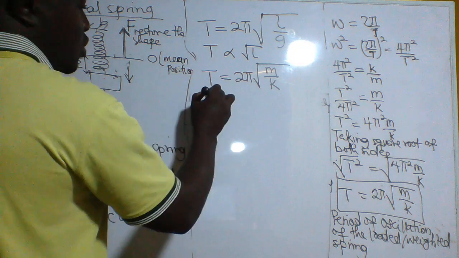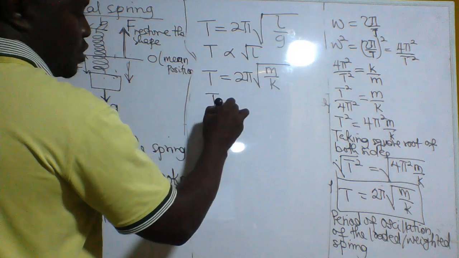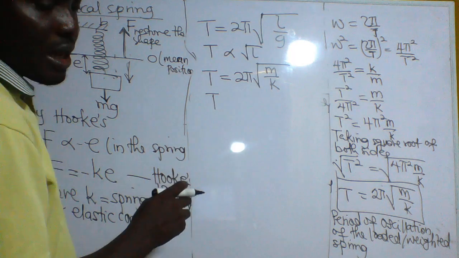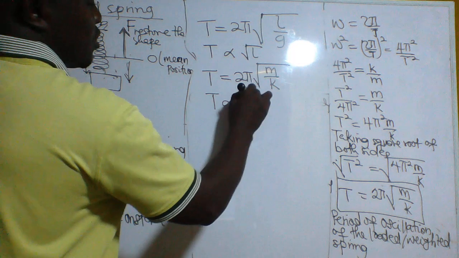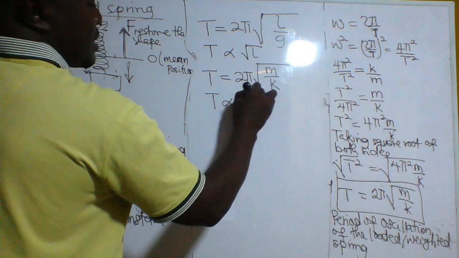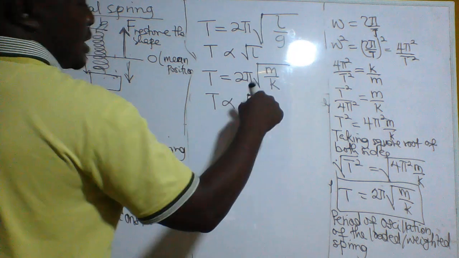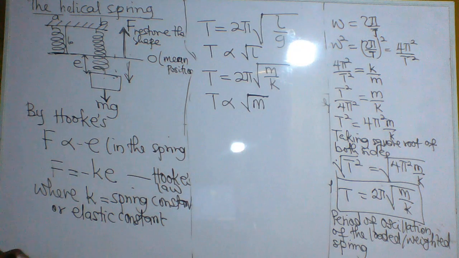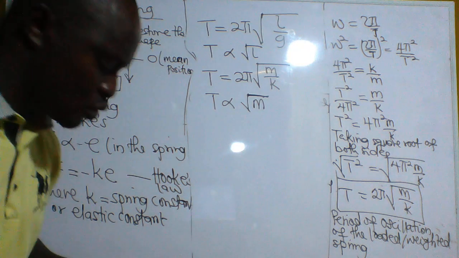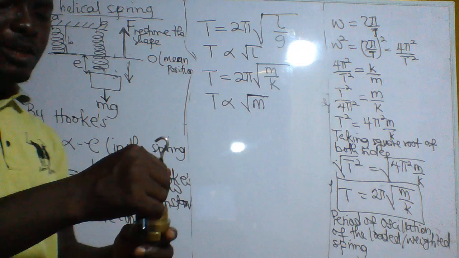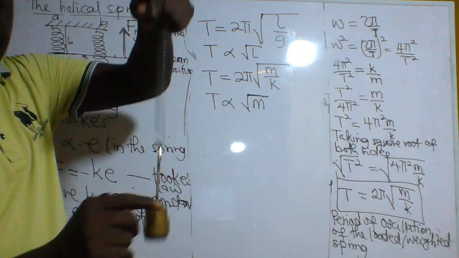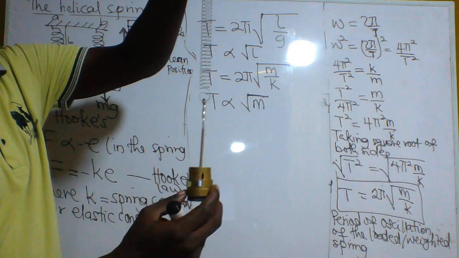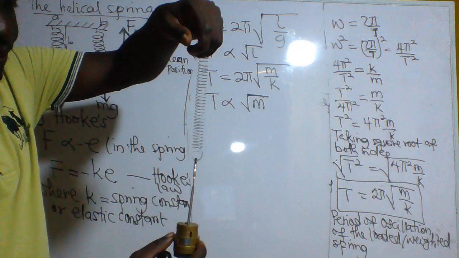So it also implies that the period of oscillation of a loaded spring is directly proportional to the square root of the mass. The mass connected to a spring can vary. As we vary the mass, we can have different values of T.